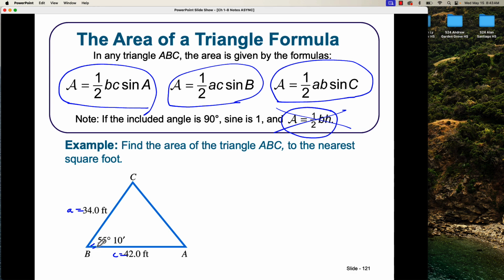It is 55 degrees, 10 minutes. We haven't worked with those in a while. That's part of a degree. Okay, so using what we have, which is little a, little c, capital B, select the strategic formula that we should use.